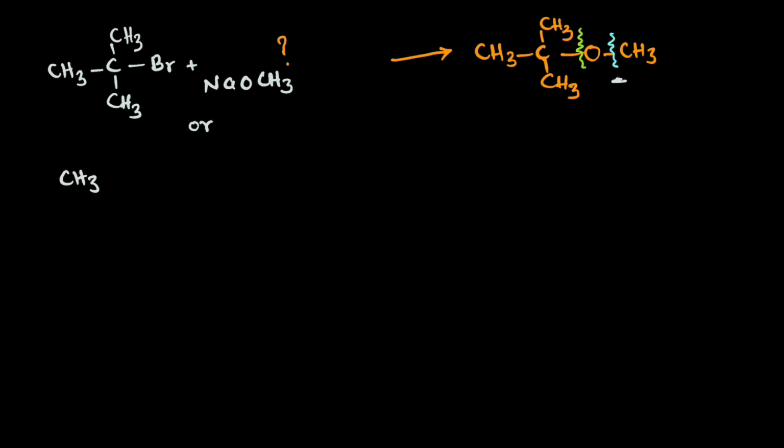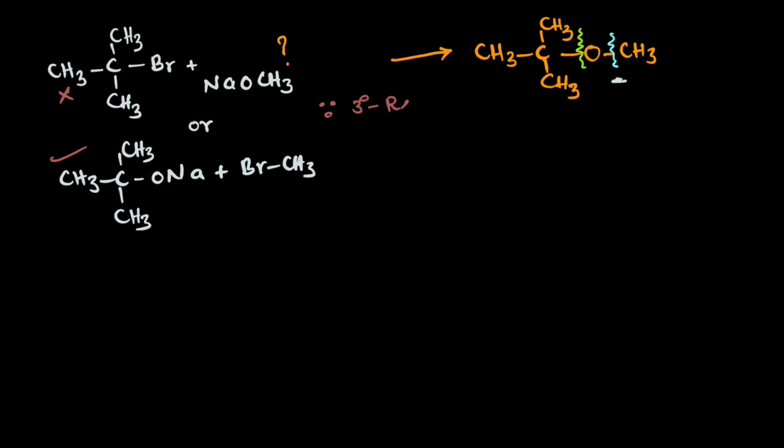Now the right side, blue color. If you break the oxygen-methyl bond, then you will get sodium tertiary butoxide and methyl bromide. Tertiary butoxide only acts as a base, and with a base elimination is normally favorable, but with one carbon elimination is not possible, so substitution compulsorily takes place.